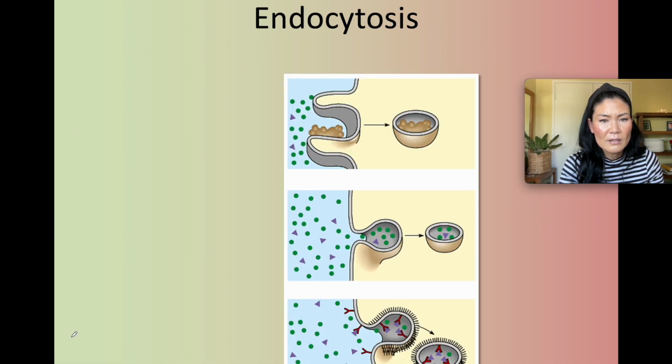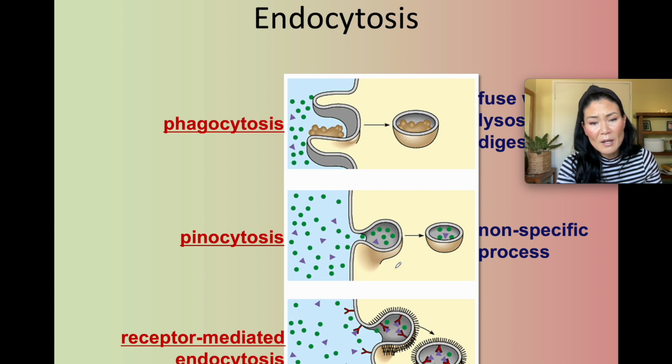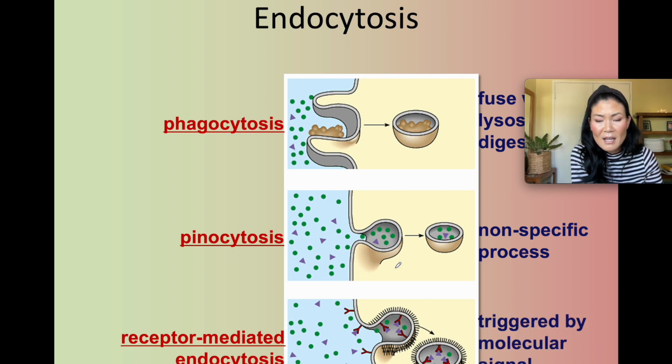All right, and then the next one. So yeah, phagocytosis is the solid particle coming in. Pinocytosis is dissolved substances, solutes, coming in. And then there's also cell receptor-mediated endocytosis. See the cell membrane here?